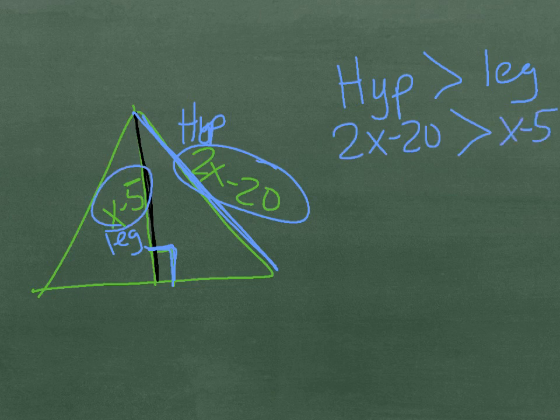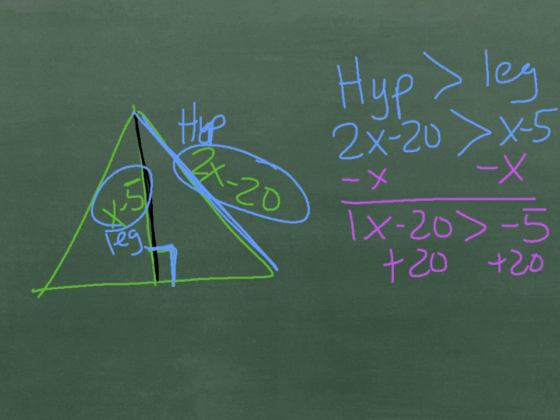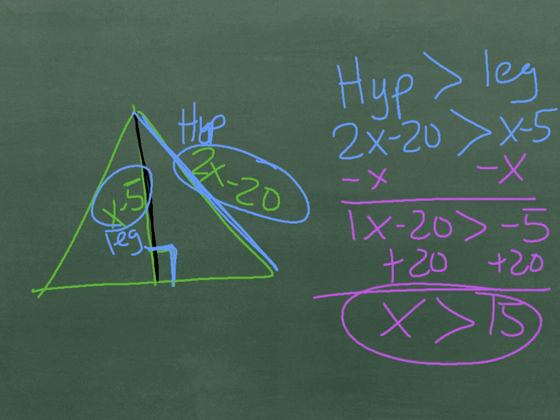And from this point then you would just solve for x like an inequality. So I'm going to subtract x on both sides, and I'll get 1x minus 20 is greater than negative 5. Add 20. So x has to be bigger than 15 in order for this to be a true statement. So those are your two rules for perpendicular lines in our unit. And we are done.